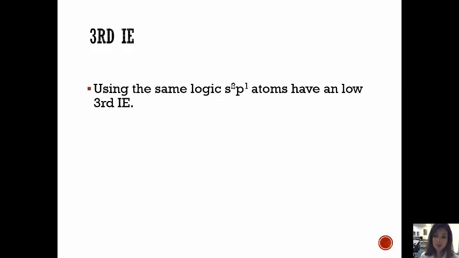So even though the third ionization energy is higher than the second ionization energy, it's still lower than you would expect it to be because it causes it to have a low energy to maintain like a stable configuration, low noble gas configuration.